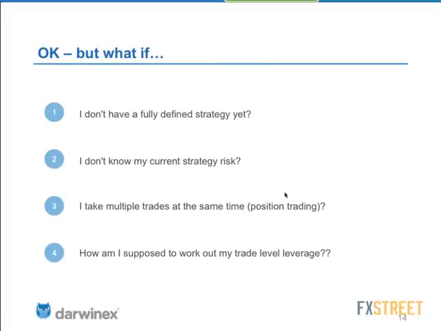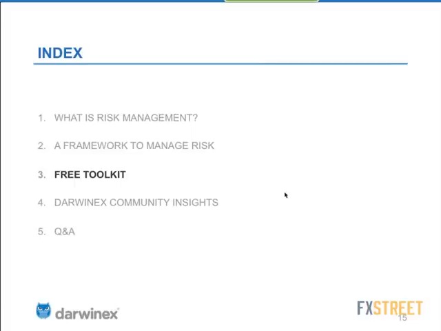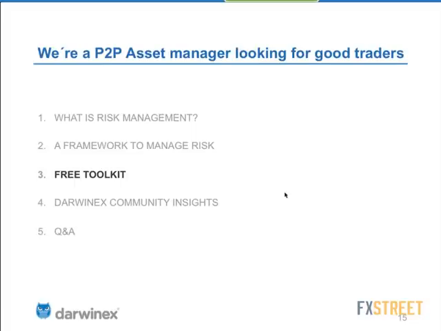And of course, there's no way to link the strategy level risk appetite, I don't want to lose more than 20% in a month, with the leverage that you have to take on every individual trade given your strategy, without doing some calculations. And that is the reason why we offer a toolkit to work those questions out.